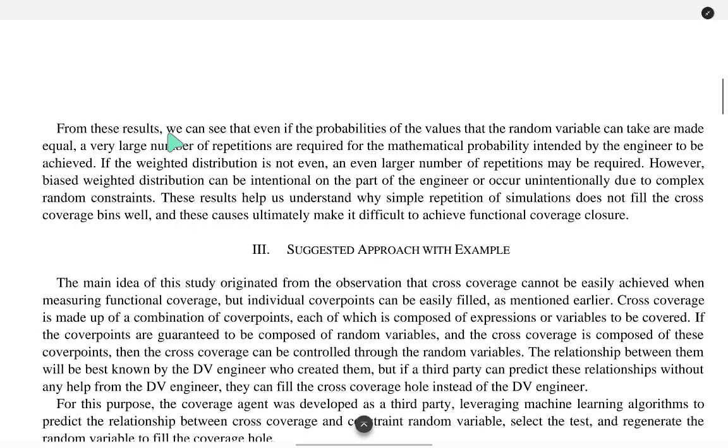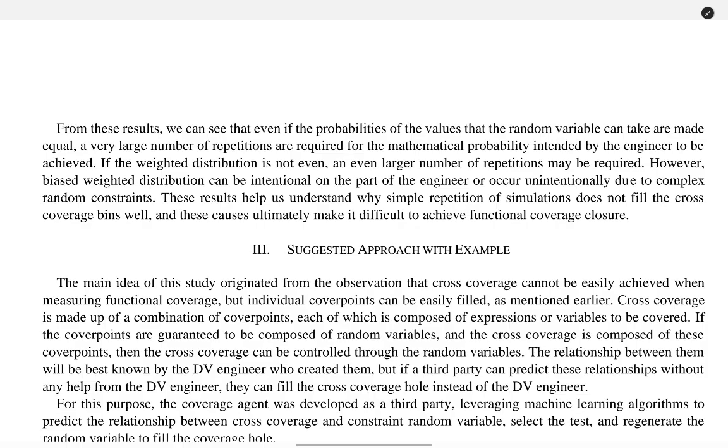But from these results, we can see that even if the probabilities of the values that random variables can take are made equal, a very large number of repetitions are required for the mathematical probability intended by the engineers to be achieved. If the weighted distribution is not even, an even larger number of repetitions may be required.